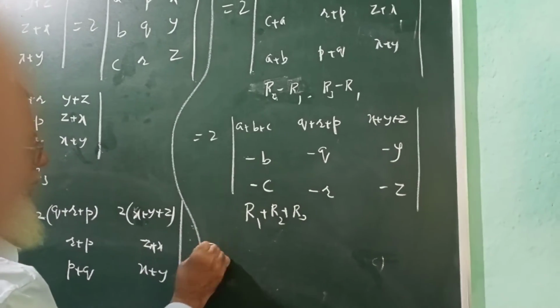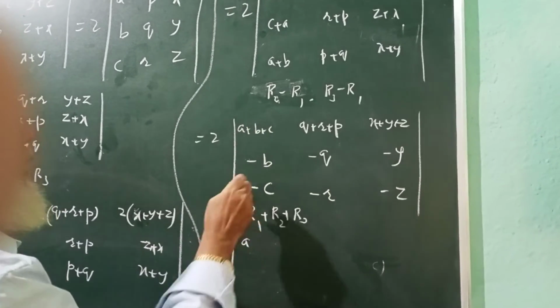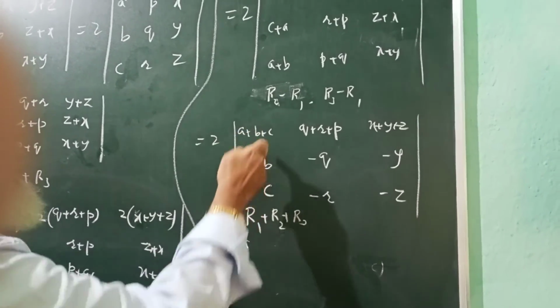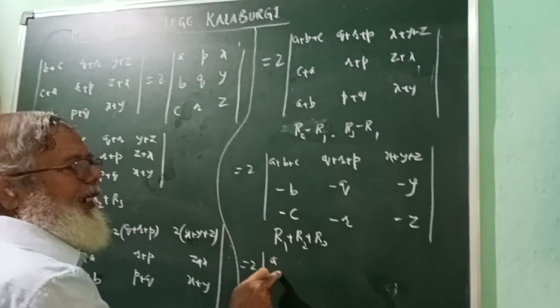If you add the second and third rows, minus B plus B get cancelled, minus C plus C get cancelled, and the remaining will be only A.